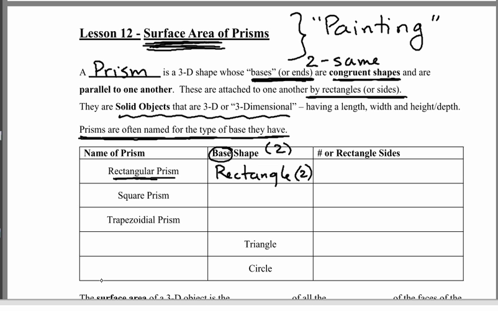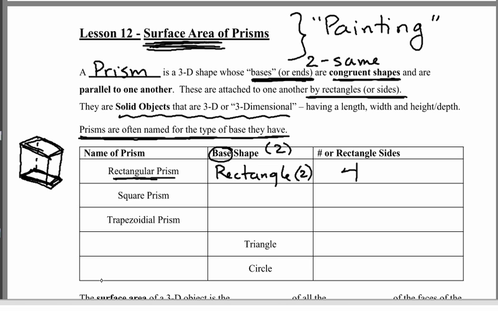So I could have two of those, and then I connect my vertices. There's a rectangular prism. The rectangle base, and then because our base has four sides, there will be four rectangles that go around connecting the two bases that are the same. So that's what we're looking at with prisms.